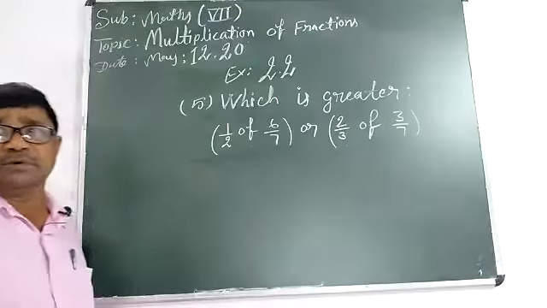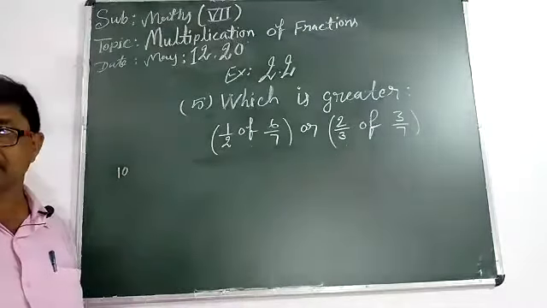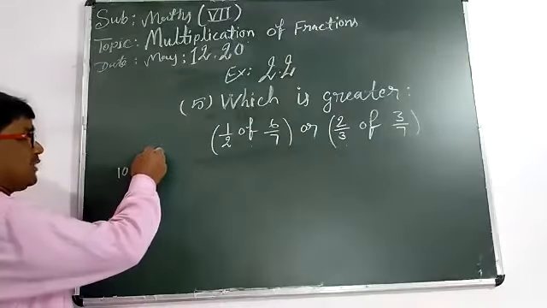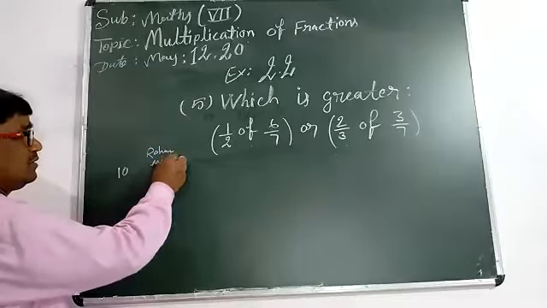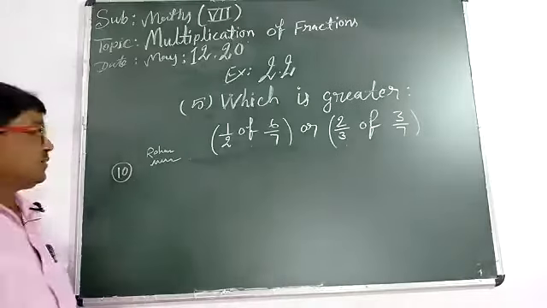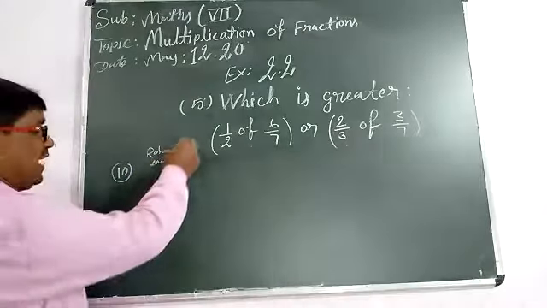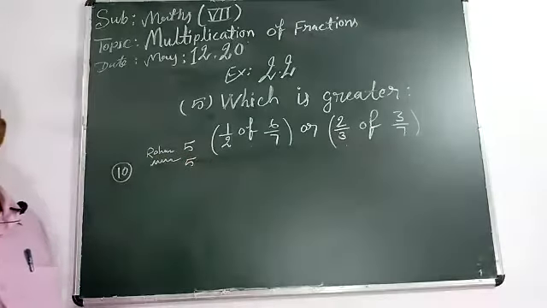What is this? Suppose that there are 10 toffees and 2 students, Rohan and Mohan, divided into 2 parts. So Rohan will get 5 and Mohan will also get 5.